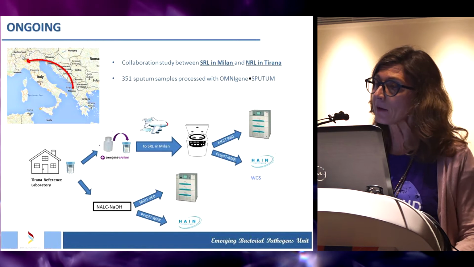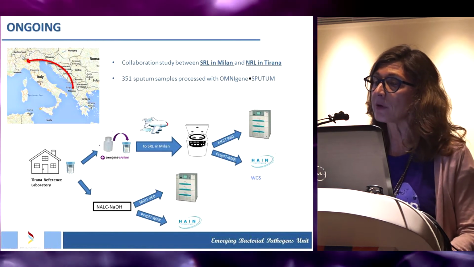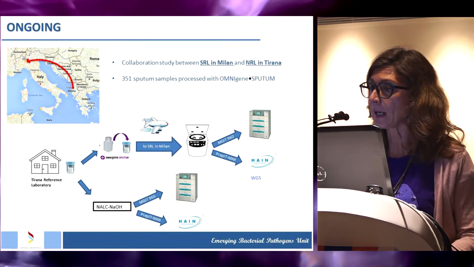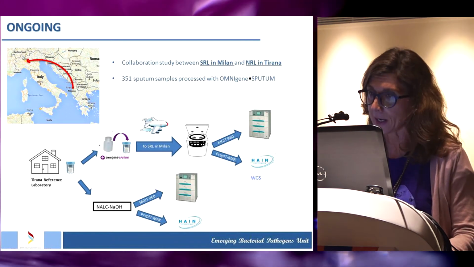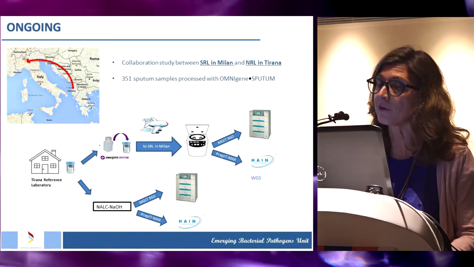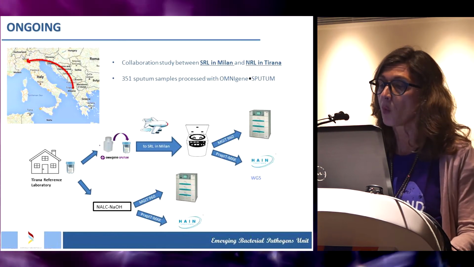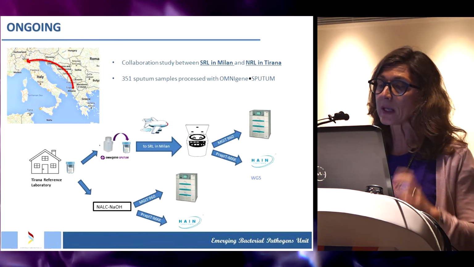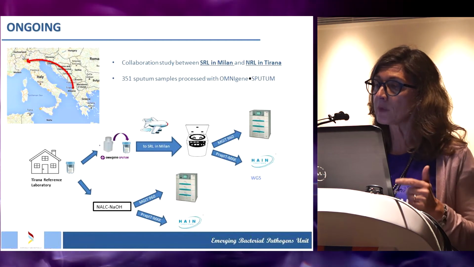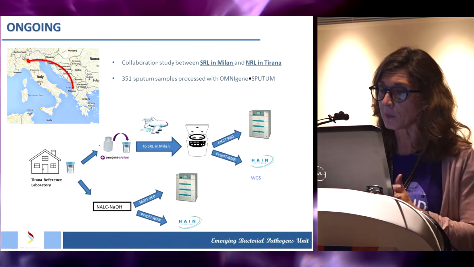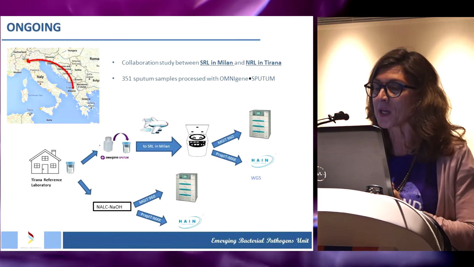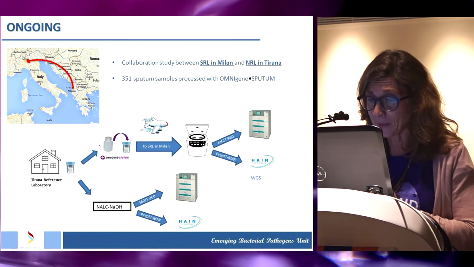The studies that are now ongoing are a collaborative study with the SRL, the NRL in Tirana, in which 350 sputum specimens will be processed with and without the OmniGene sputum transport medium. They will be shipped to Milano by plane.